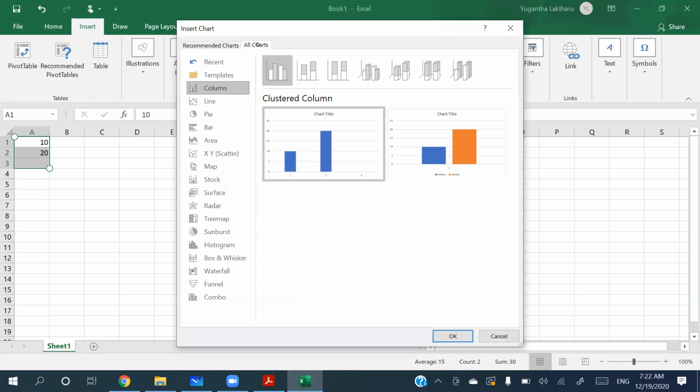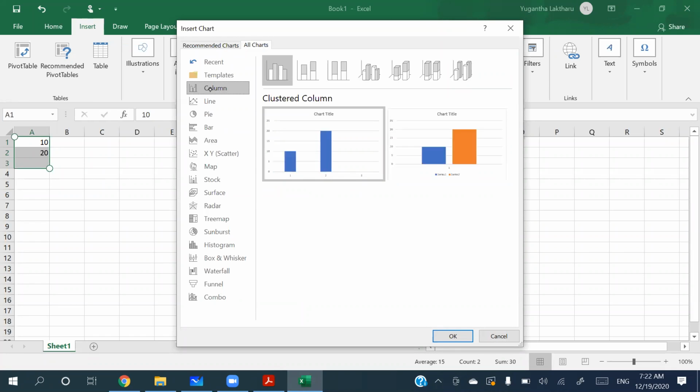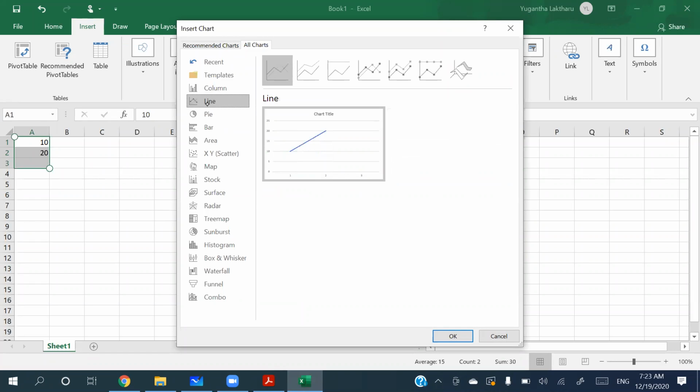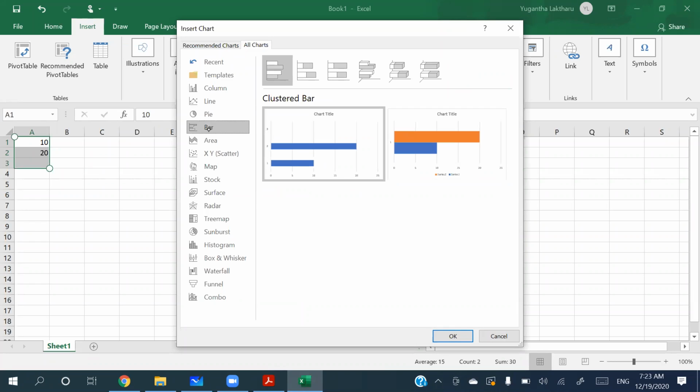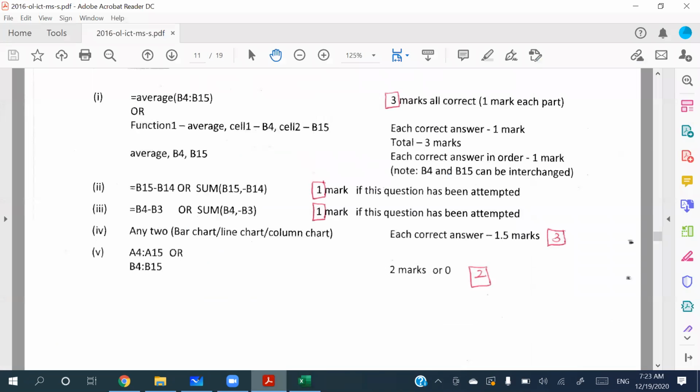There is something called area chart. Area chart will not be very good, but column can, line we can, bar chart we can, right? So that would be the better answers. So any two of these things: bar, line, and column.